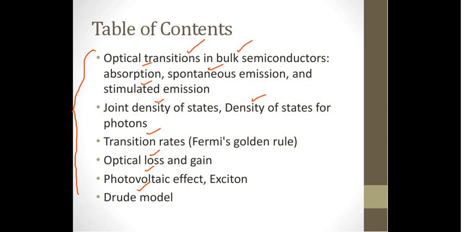Here, joint density of states. Normally, we have discussed the density of states in the case of metals and semiconductors like intrinsic semiconductor, N-type semiconductor, P-type semiconductor, etc. This joint density of states involves the case when photons interact: it forms a hole as well as an electron, which means the electron in the lower energy absorbs the photon and moves towards the higher energy state, leaving a hole in the lower energy state.